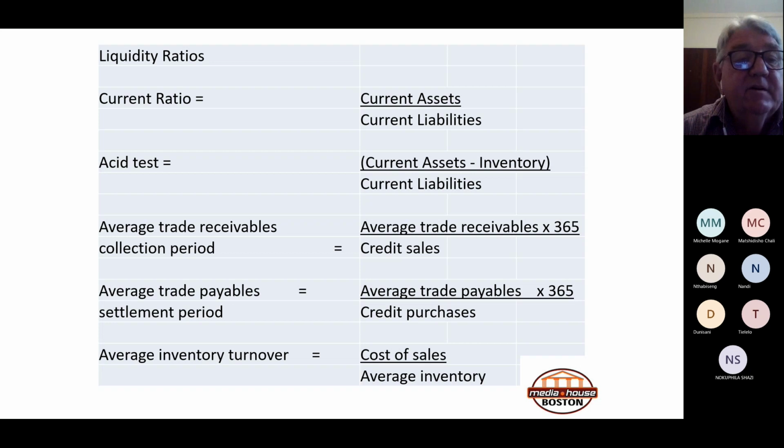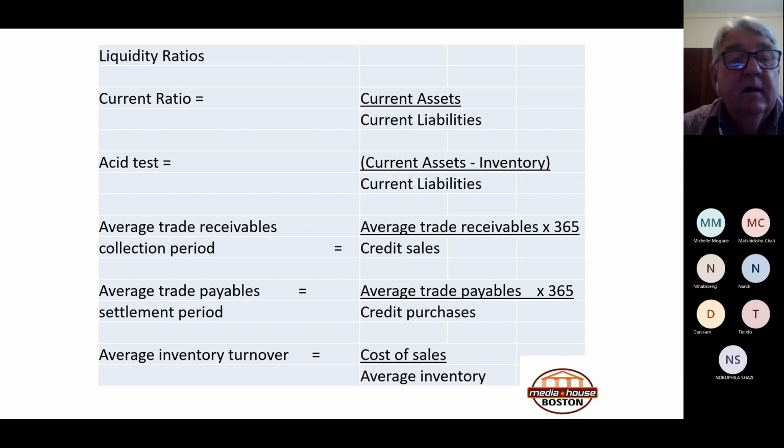Then we have our average trade receivables collection period. So average trade receivables, we take our trade receivables this year plus the one of last year divided by 2 and multiply by 365. And we're going to divide that by the credit sales.